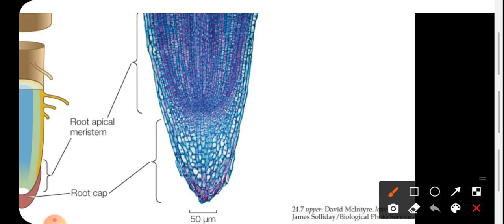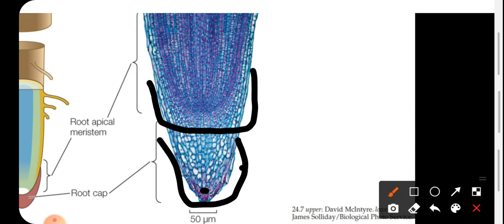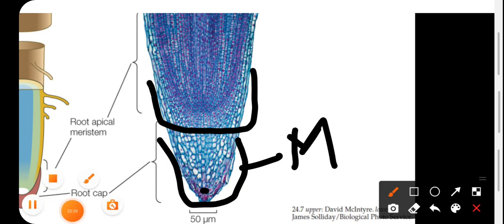For the protection of this root tip, the root cap produces the mucilage, and this mucilage means the sticky substance.